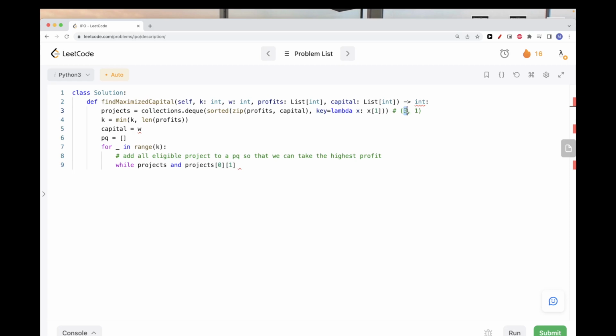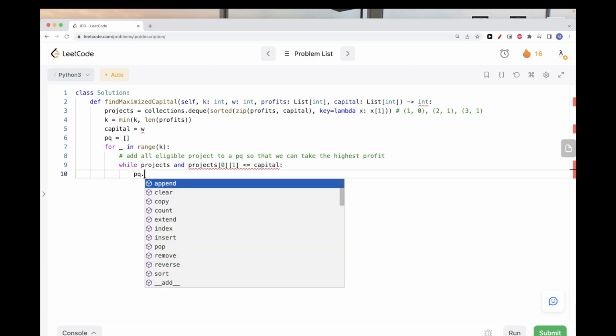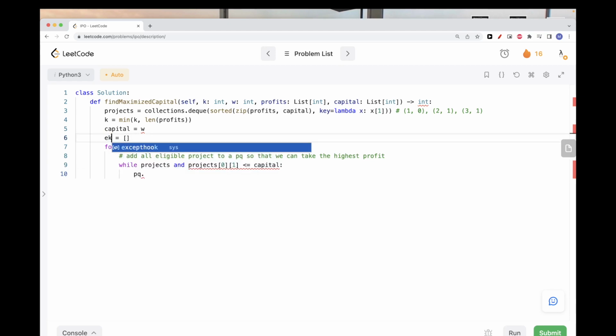So for example, when we had 1, 0, 2, 1, we want to check that this is smaller or equal to the capital before popping it off. So we check if it's smaller or equal, then we want to add it to the list of eligible projects. Let's actually call this eligible because that would make it more readable.